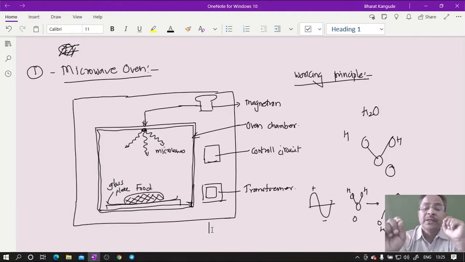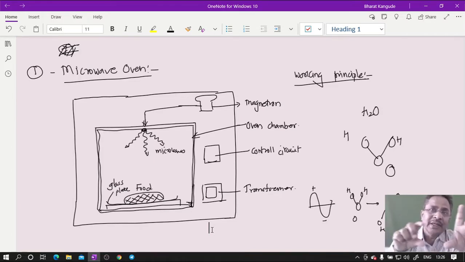As I showed here, in the case of the water molecule and the frequency of these microwave radiations, the polarity of the microwave radiation changes from positive to negative. The water molecule is also a polar molecule. It has positive and negative charge centers, and therefore these molecules try to align with the direction of the changing polarity of the microwaves. Since the polarity changes as per the given frequency, the direction of the molecules also keeps changing.